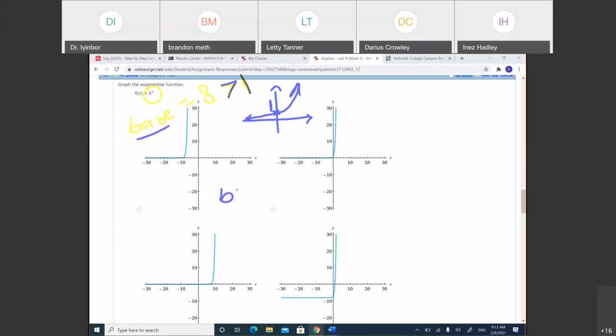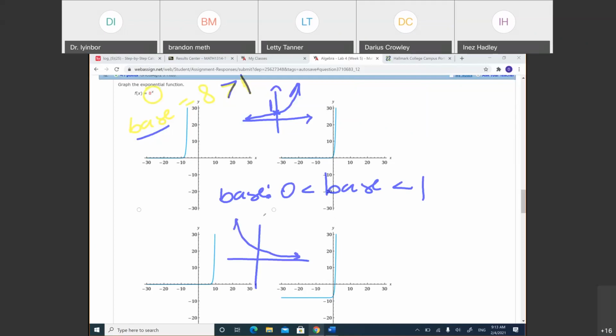Now, if the base is between 0 and 1, it always has to be bigger than 0. But if it's less than 1, then the graph is going to be decreasing. It's going to look like this.